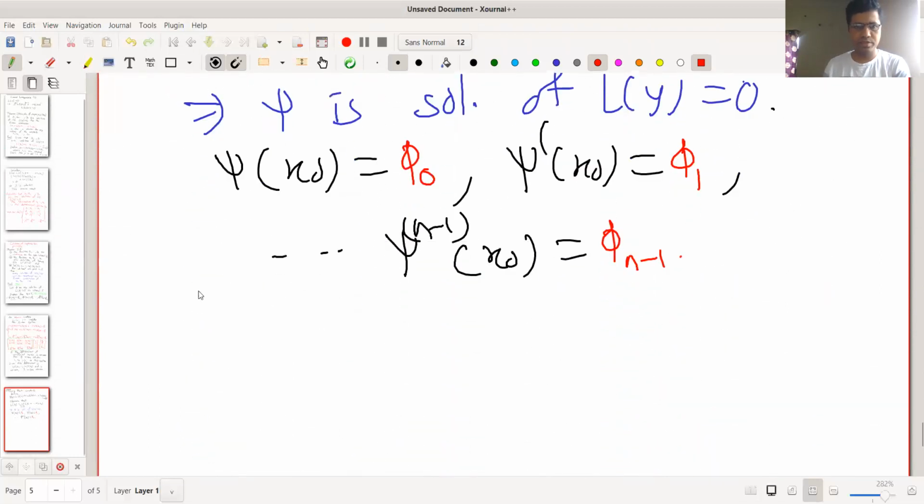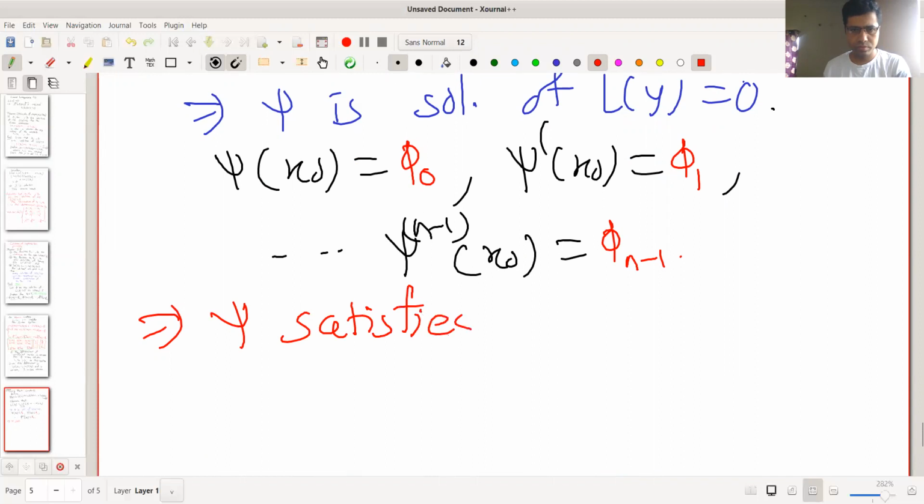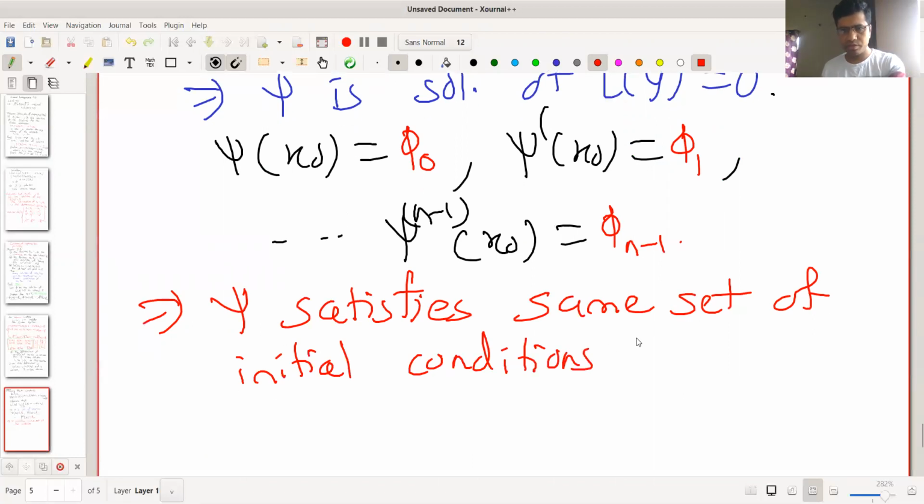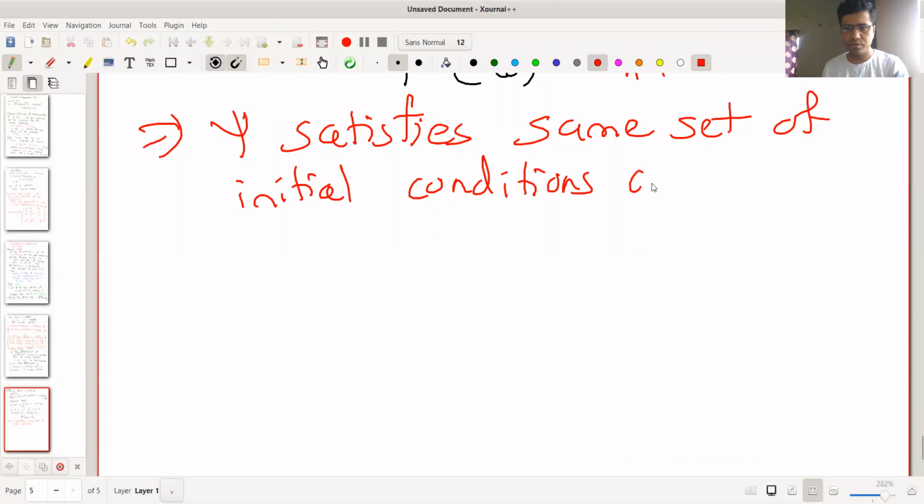Psi satisfies the same set of initial conditions as that of phi.